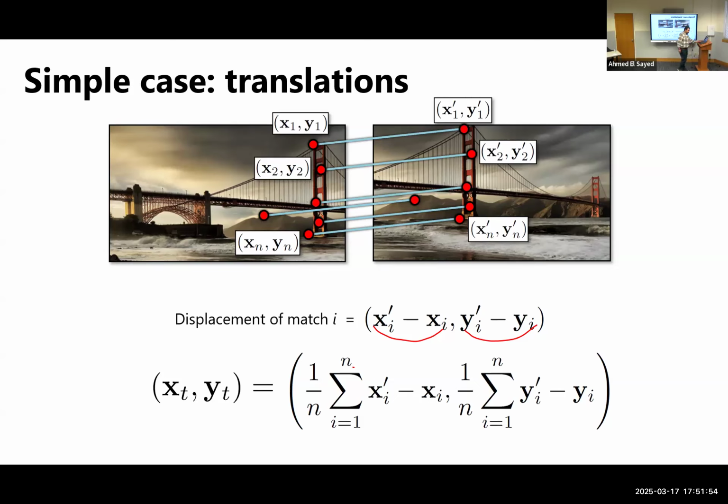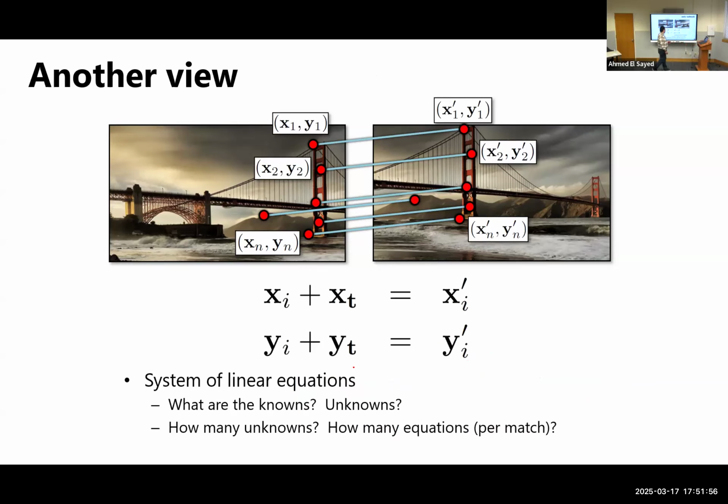What is it? I can look at it from a more mathematical perspective. What is this mathematical perspective? I will assume that the new point has been generated from the original one plus the translation. How many parameters do I want to solve for here?